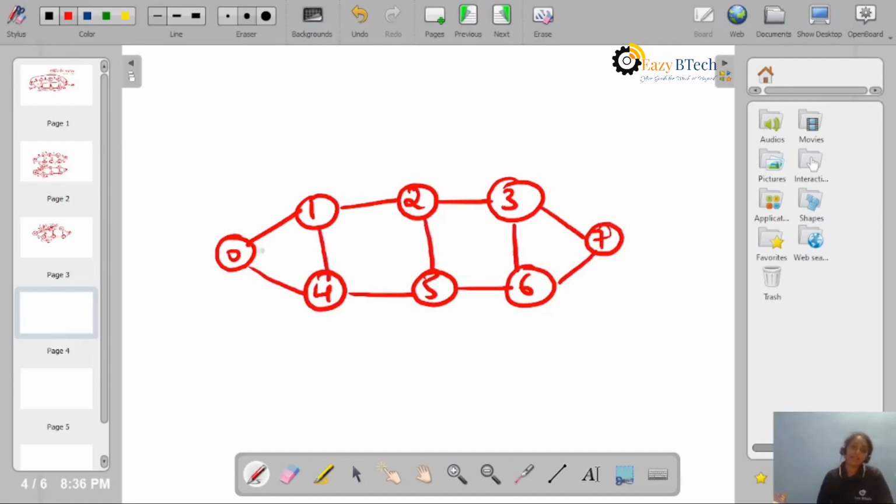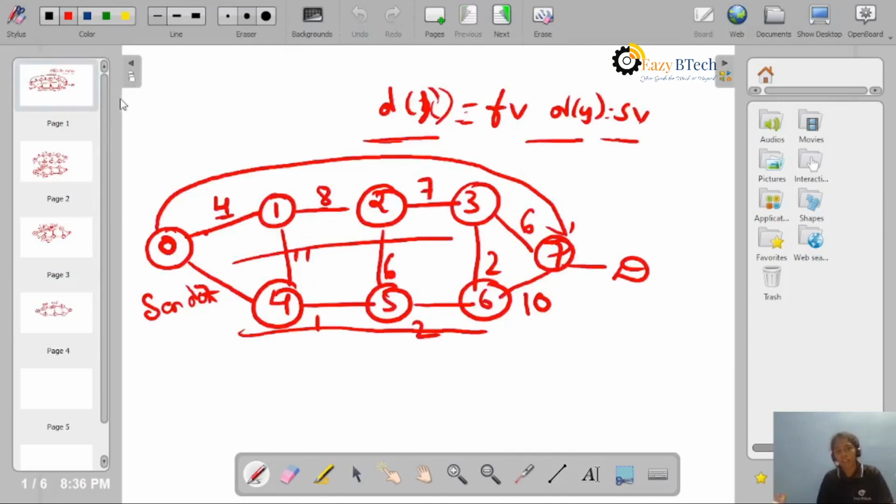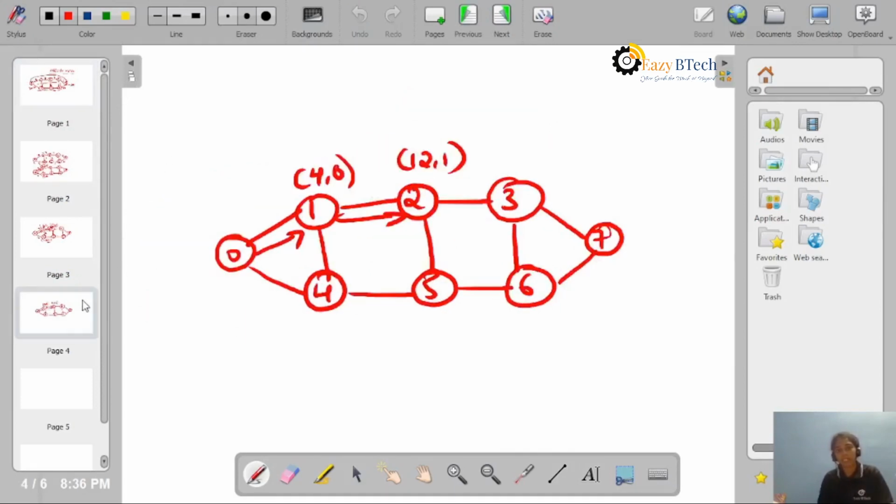Okay. So this is 4 comma 0. This is 12 comma 1. So 2 to 3, consider the first diagram. 2 to 3 we have a 7. 2 to 5 we have a 6. Right, those costs are 7 and 6.